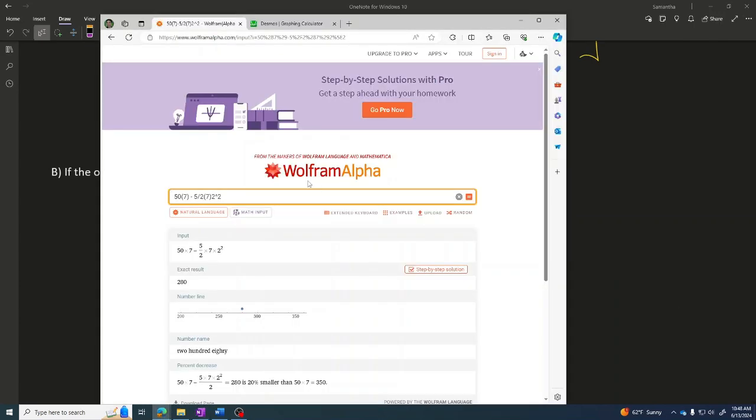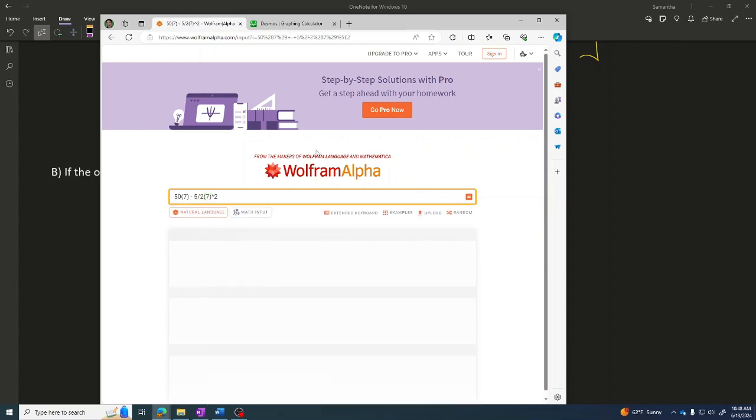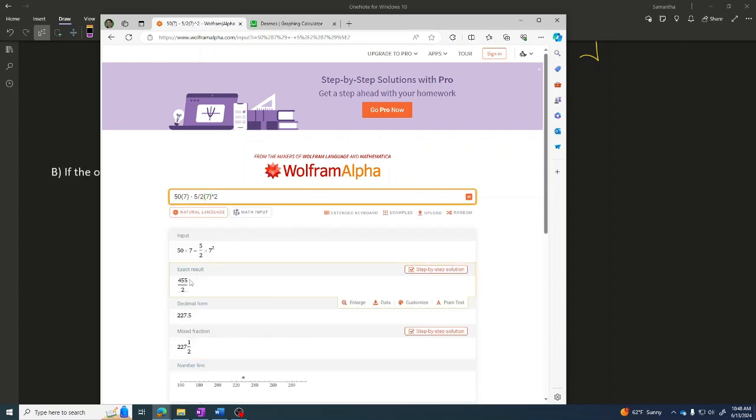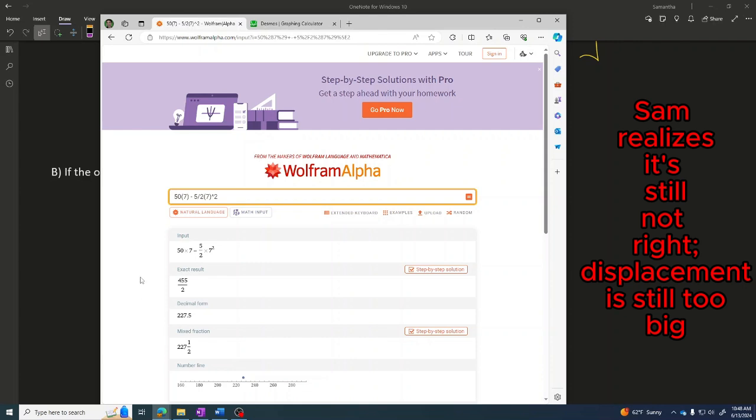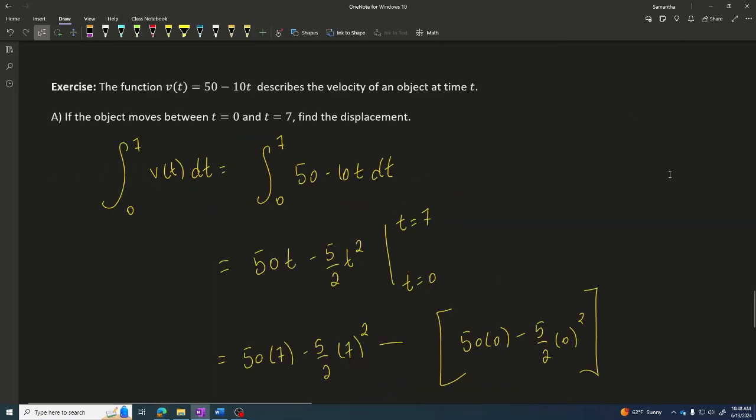Aha, I think I spotted it. My mistake was in what I typed into the calculator to try and find the simplified version of the displacement. So let me go ahead and fix that typo. And now I have a typo here in the antiderivative of this function.